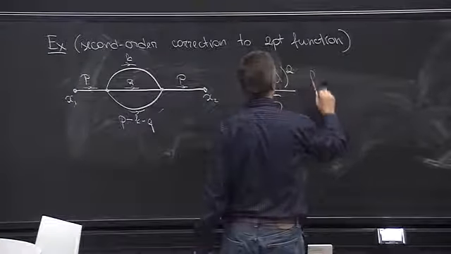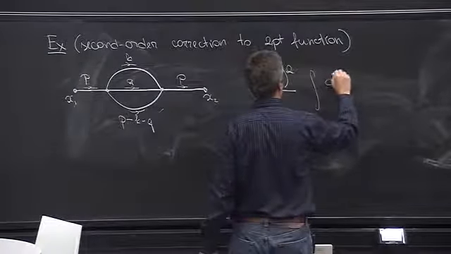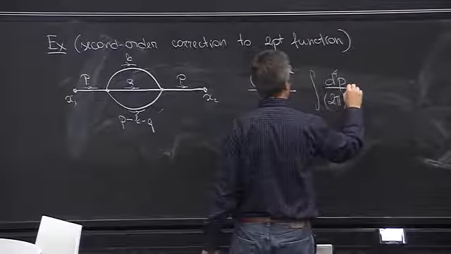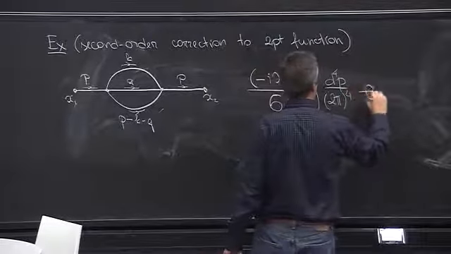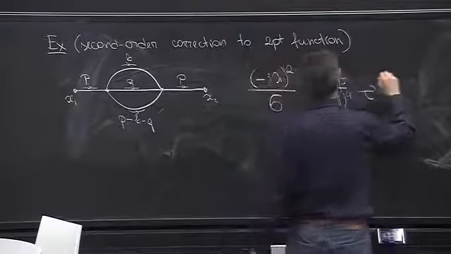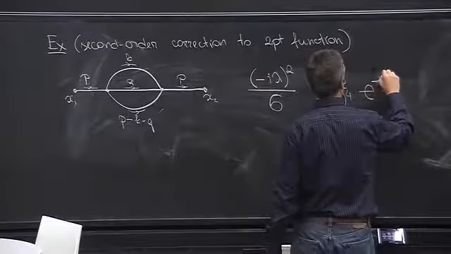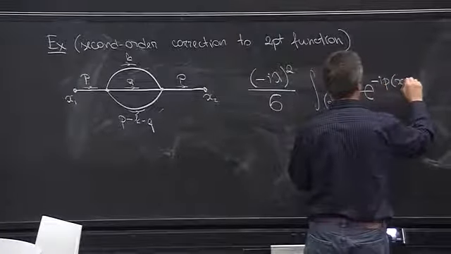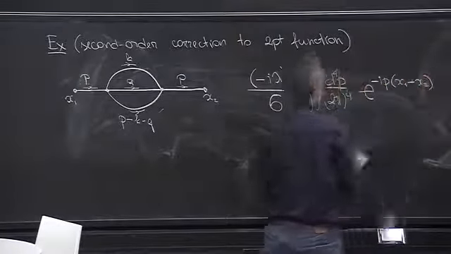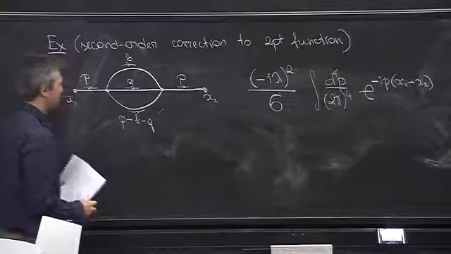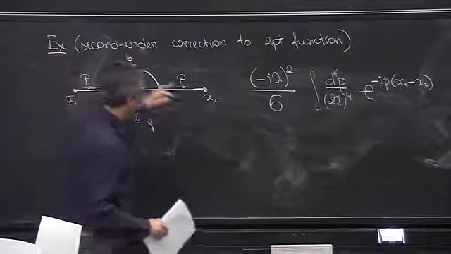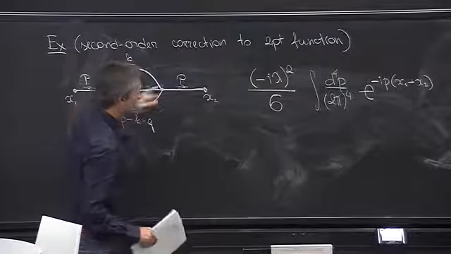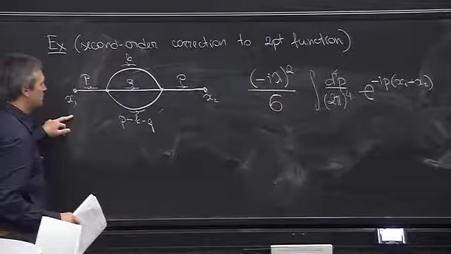Integration over the momentum flowing through the diagram just gives the Fourier transform of the distance in the diagram.